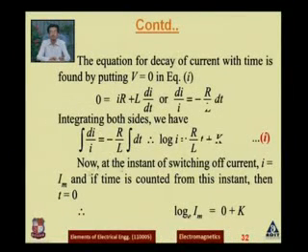So it can be written that I is equal to Im, and if the time is counted from this instant, then t is equal to 0. Putting this value in equation 1, it will be log e Im is equal to 0 plus k.